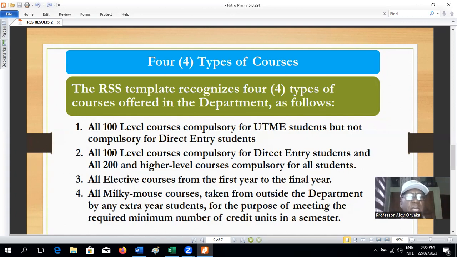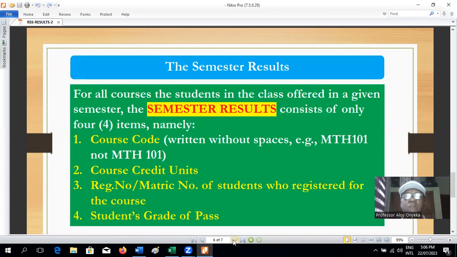Then 100-level courses that are compulsory for direct entry, together with 200-level and higher level courses that are compulsory for all students, you enter in a particular place. Then finally, the elective courses you enter separately. So that's about the course list.